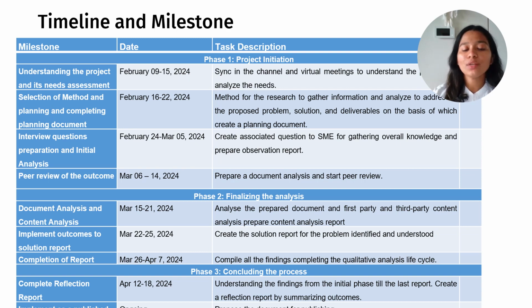From March 15 to 21, we will analyze documents and content gathered from interviews and online sources. From March 22 to 25, we will generate a solution report based on analysis findings. From March 26 to April 7, we will compile all the findings and complete the final report. Finally, from April 12 to 18, we will prepare a reflection report summarizing the project outcomes.